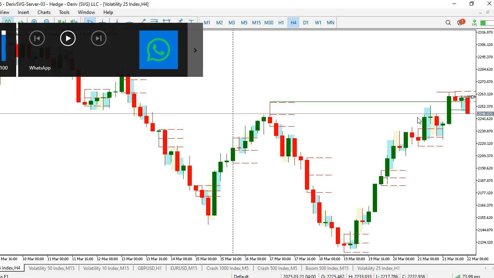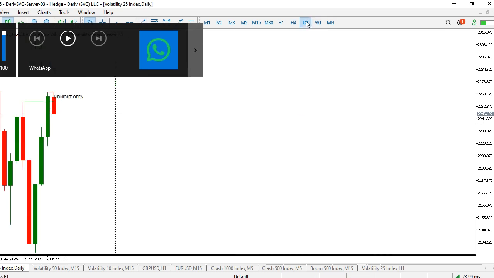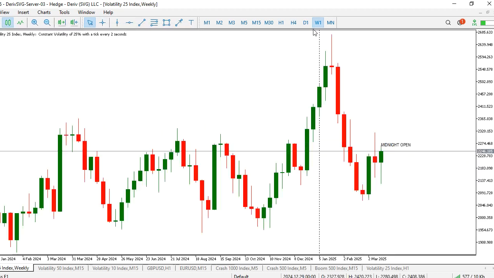So on that, I went to my 4 hours time frame. Then from my daily time frame, I went back to my weekly time frame to see what price is doing. On my weekly time frame, I've seen what I want to see. Don't forget that we are closing the day today, so expect some kind of volatility, a reversal or a continuation.